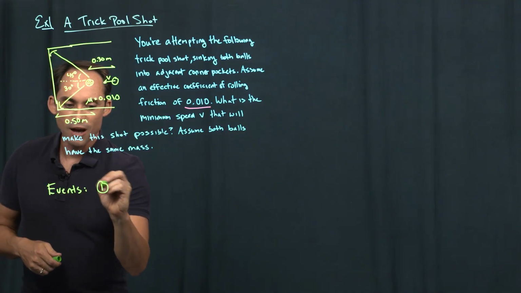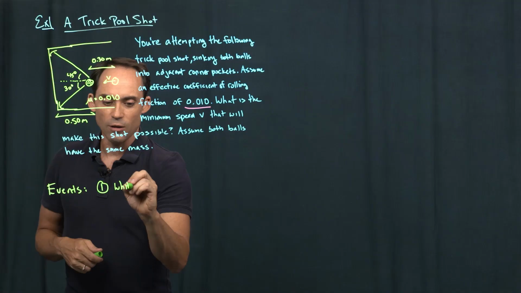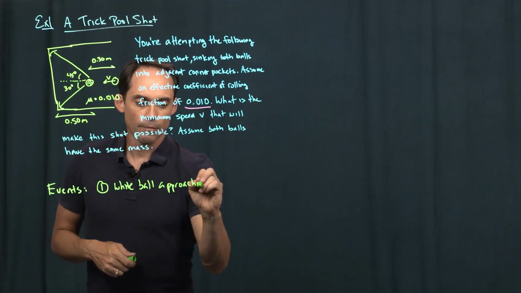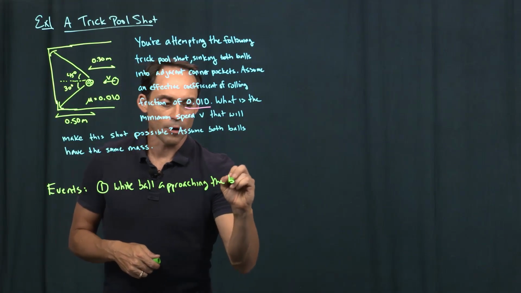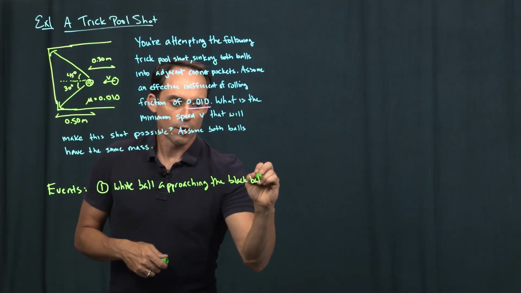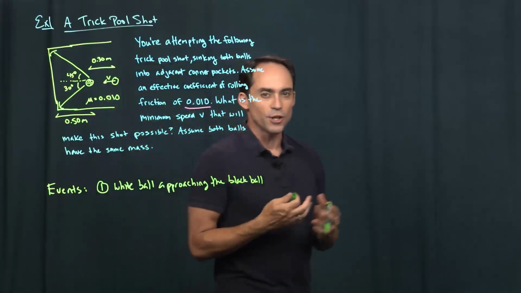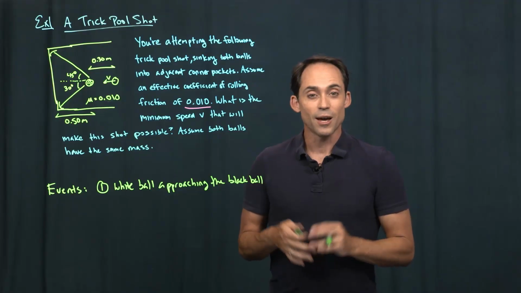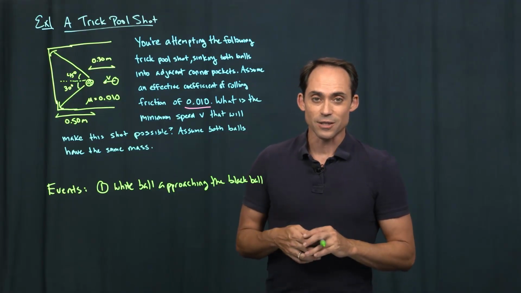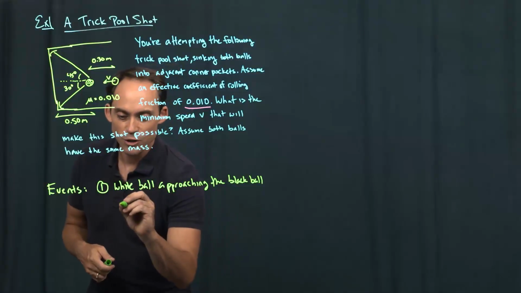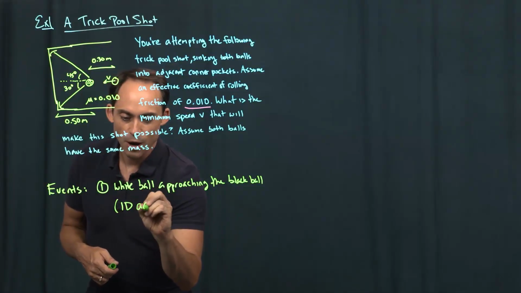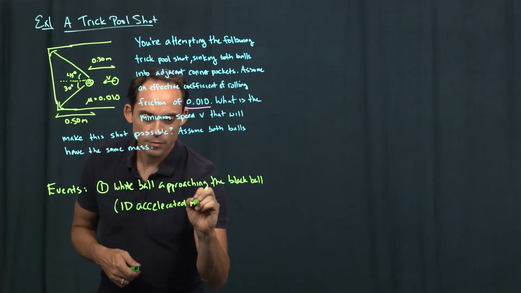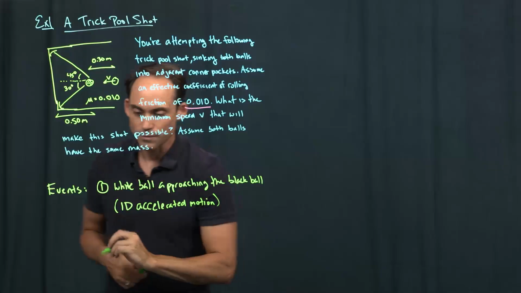We've got first the white ball approaching the black ball, and we've talked about that there's friction acting in this problem, and so this is really an example of one-dimensional motion with constant acceleration, that constant acceleration being provided by the kinetic friction. So that's the type of problem we're talking about, 1D accelerated motion. And clearly something we've seen before.